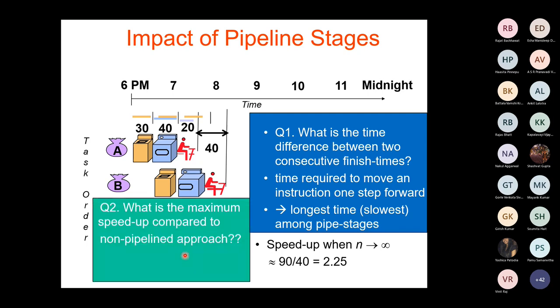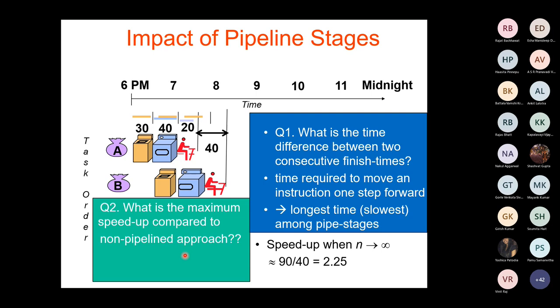Okay. So these are the two basic concepts in pipelining. I hope you have understood this. You have understood this, right? The time difference between two consecutive finish times will determine the emission rate or finishing rate of instructions. And what is the maximum speed up achievable? So therefore, in MIPS, as you can see, you have 5 stages.